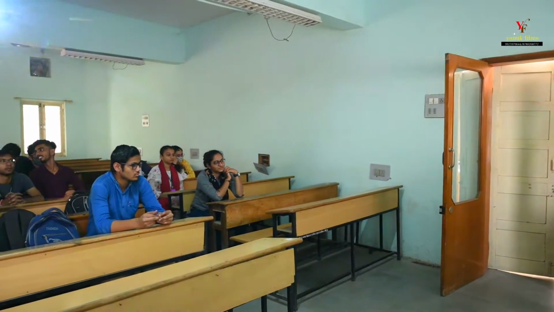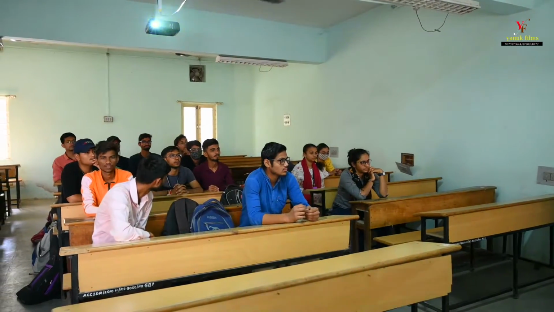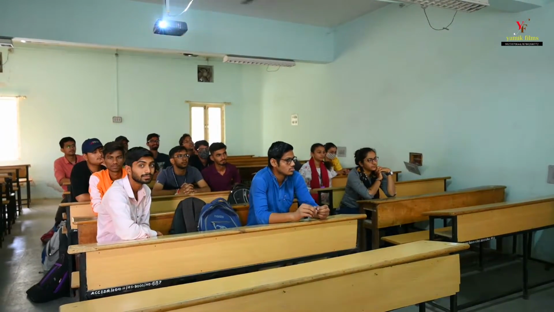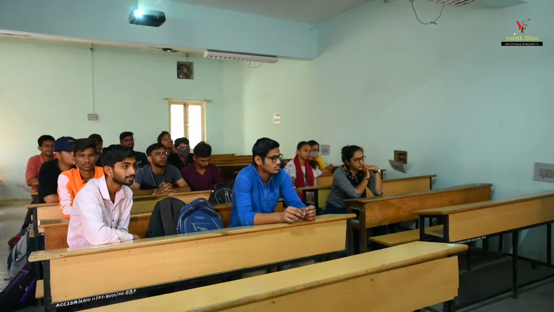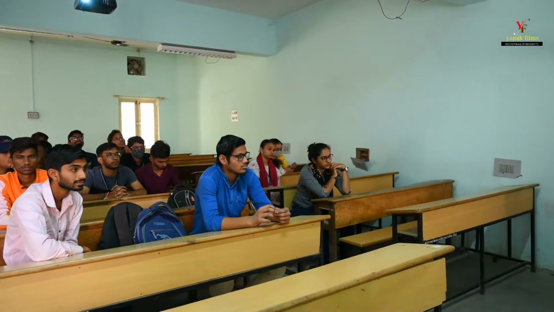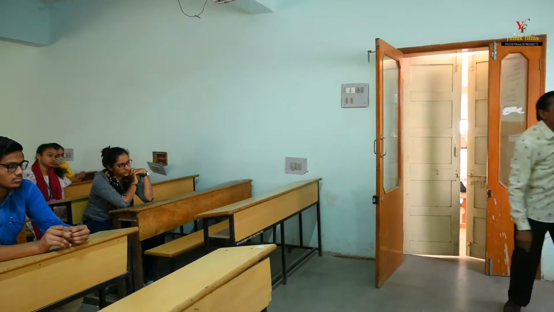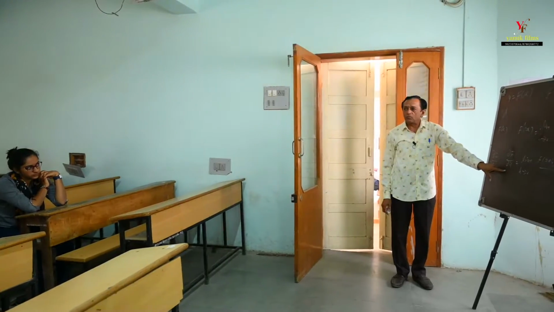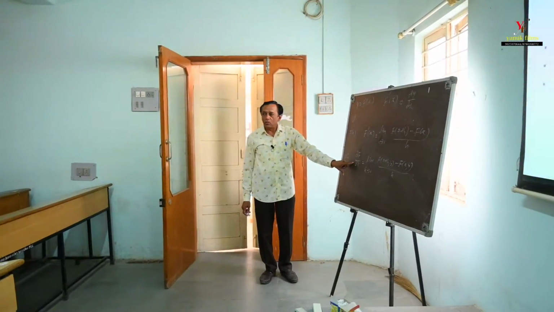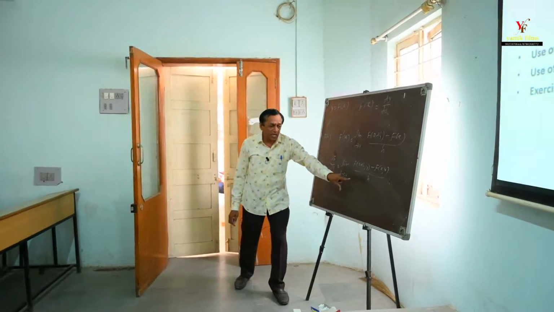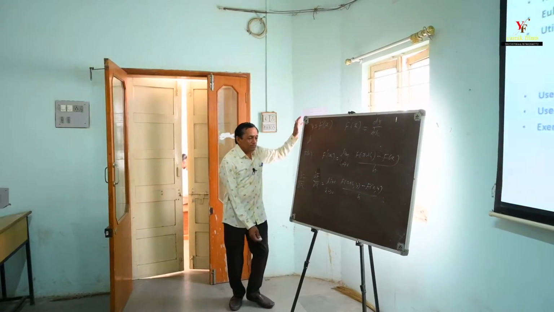Then using the definition of the simple derivative, we can find the formula: limit h tends to 0, f of x plus h, y minus f of x, y divided by h. This is the formula of the partial derivative with respect to x. Here h is a small increment in x.